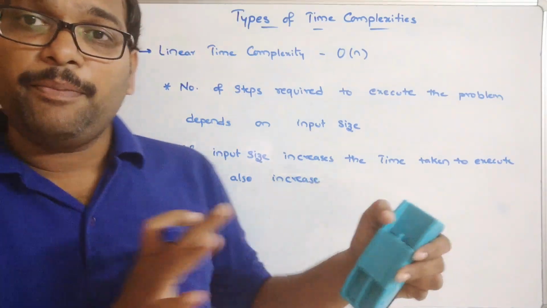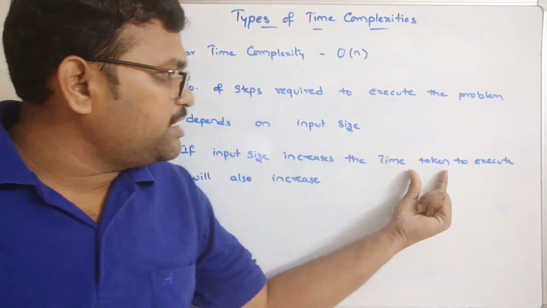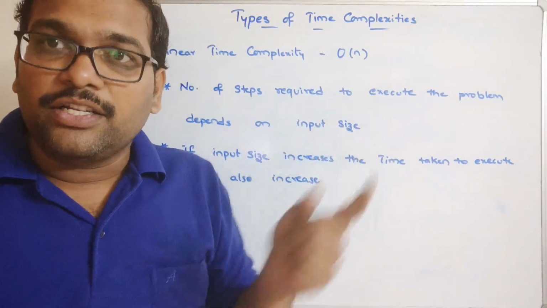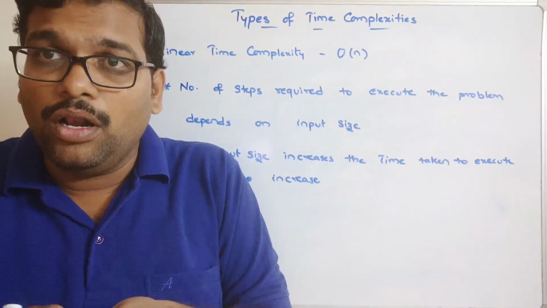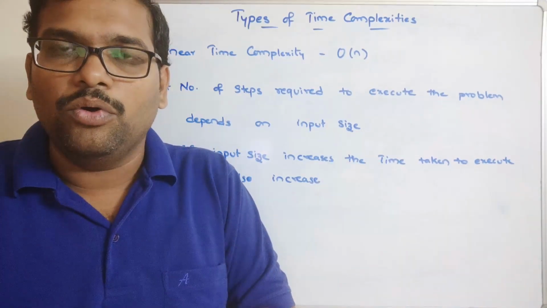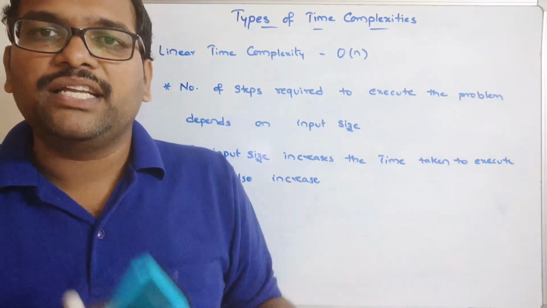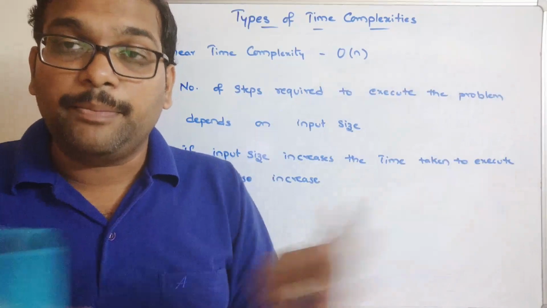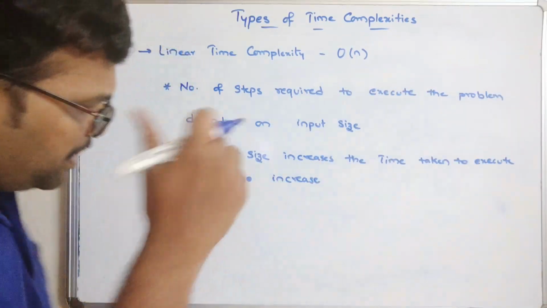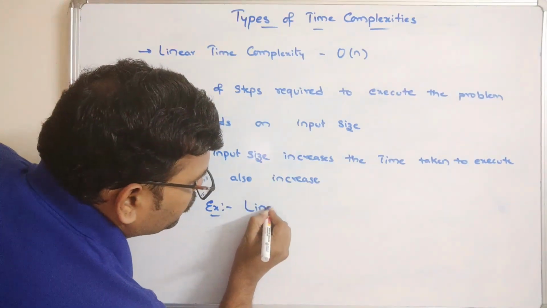So that means directly proportional. The time is directly proportional to the input size. So if the input size is small, automatically the time taken to execute the problem will be low. And if the input size is more, the time taken to execute the problem will be more. That means a direct proportion. So the best example for this one is linear search.